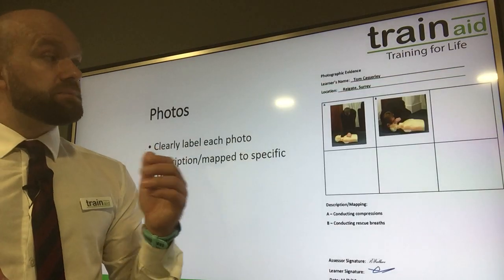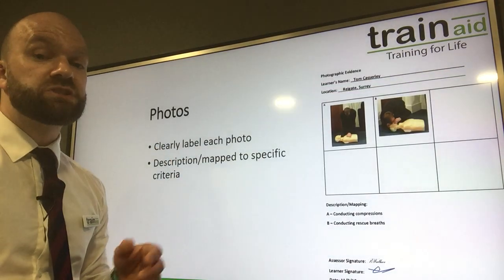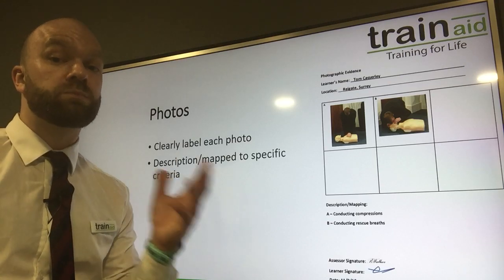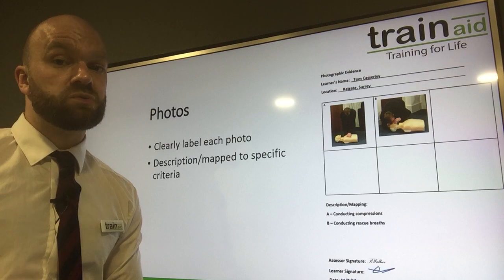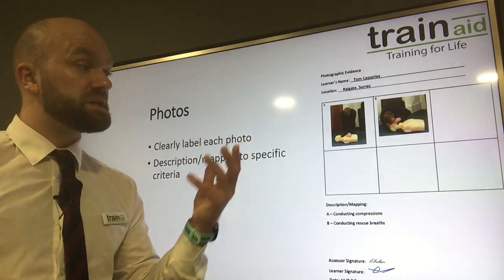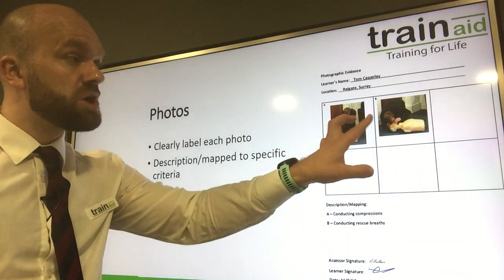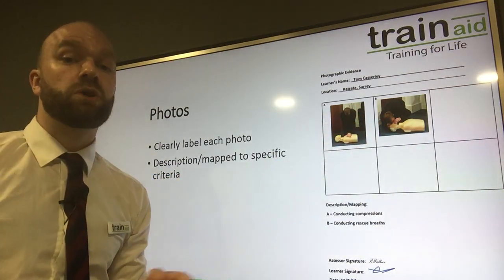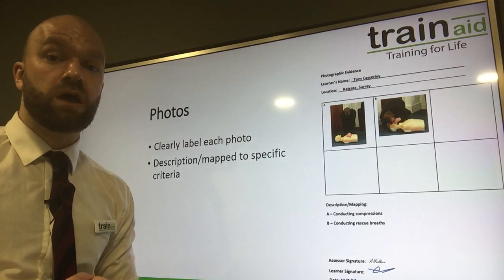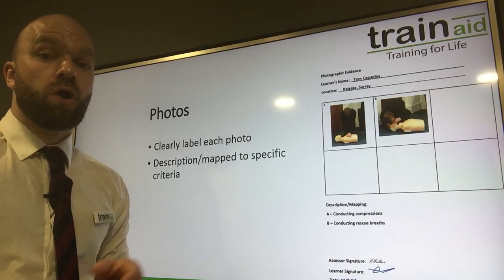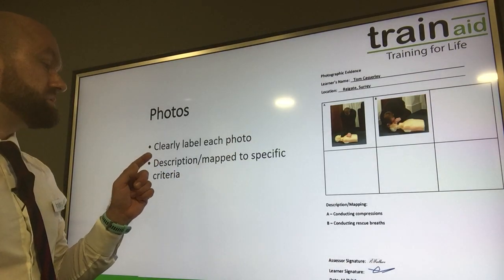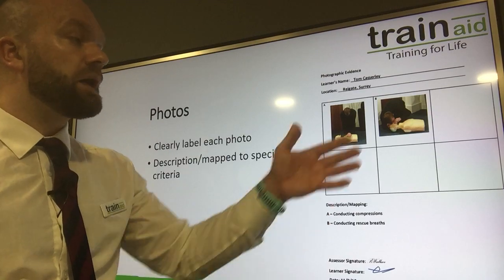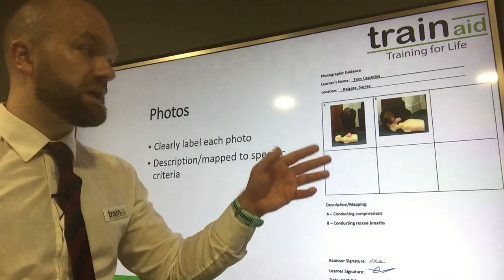The very next step is to ensure that you have photos on your assessment form. So as you are observing the assessment, we need to ensure that an assessment has taken place. So these are some examples of different photos taken from the observation that we have seen. What we'd also like for you to do is to map the photos underneath our boxes of tables.